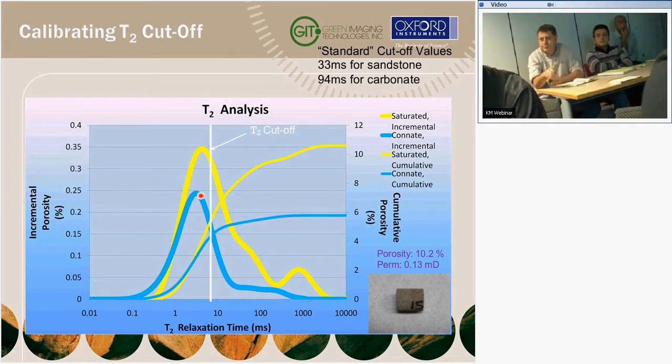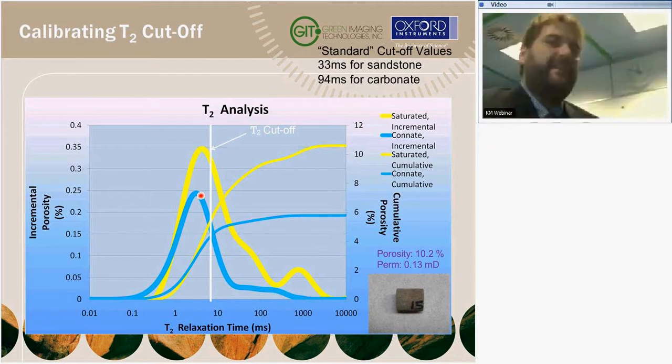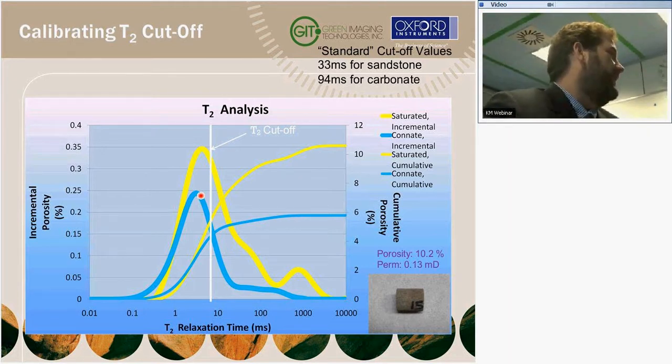Yeah, it's interesting you should mention that. The logging tools are always going to lag behind the laboratory equipment. We do a better job in the laboratory than you can do in a logging tool. Historically, the logging tools couldn't even see clays, and now they are getting to the point where they can. When they start to see some of these very short pores that are in shales, there is fluid in the shales.